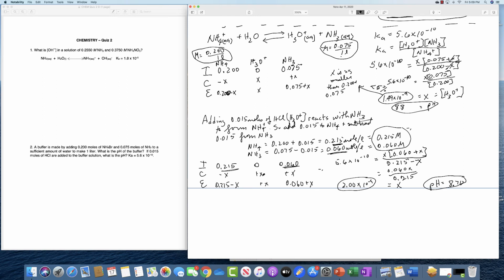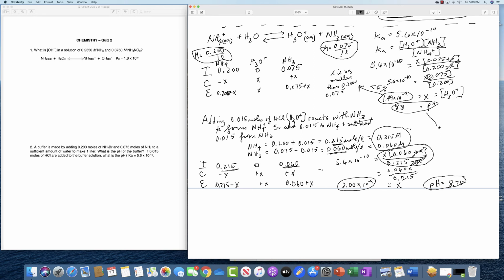You have the formation of X on the product side and the reduction of X here, so you end up at equilibrium with these concentrations. You put these numbers into the same equation, make the same assumption about X here, and solving for X, you get 2 times 10 to the minus 9, which again is obviously less than 5% of either of these two numbers. The pH here is 8.7.